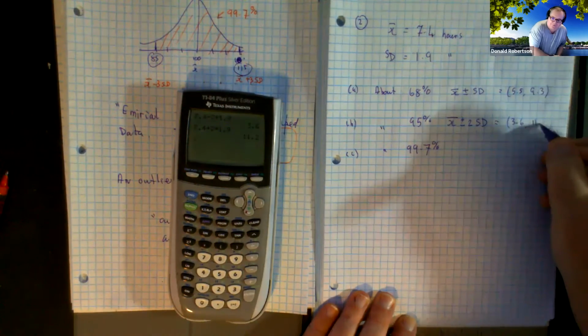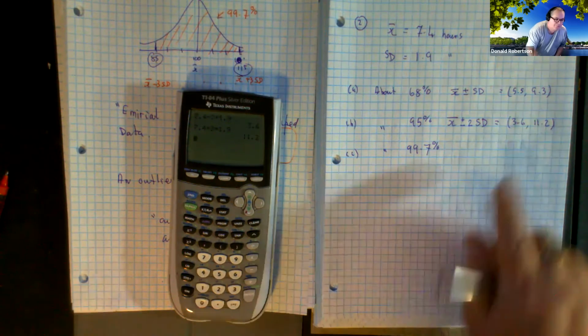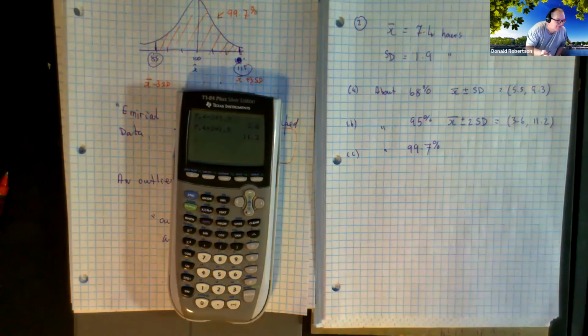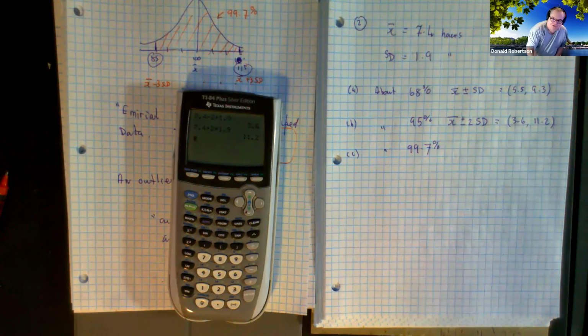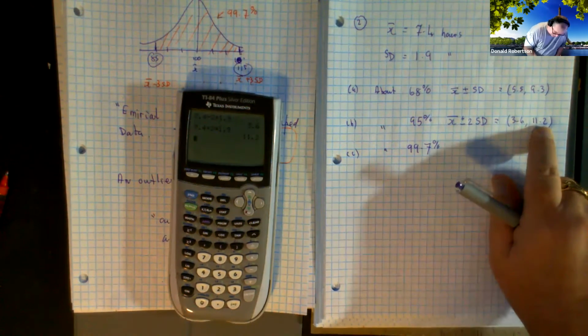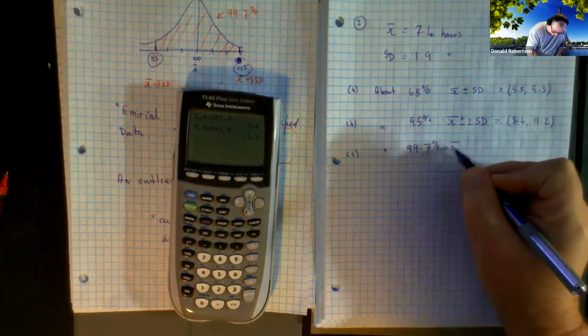So 95% of students get about 3.6 to 11.2. There is something wrong with you if you're getting 3.6 hours of sleep. But maybe this was on one day, right? They just took, what did you do last night kind of thing, right? But even saying that, that student did not get a lot of sleep. That one was comatose.